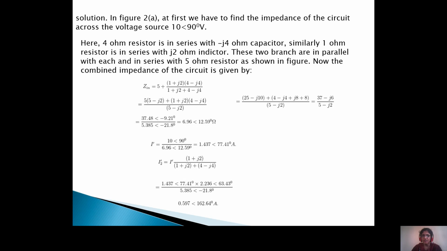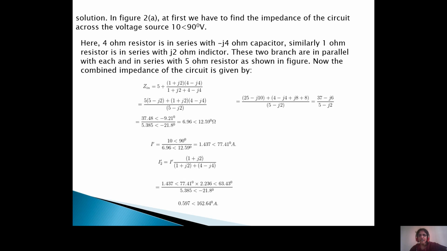So that means when you have to divide, first you have to divide the magnitudes and subtract the phase angles. So 37.48 by 5.38 is 6.96. So minus 9.2 minus of minus 21.8, plus 21.8, that is equal to 12.59.